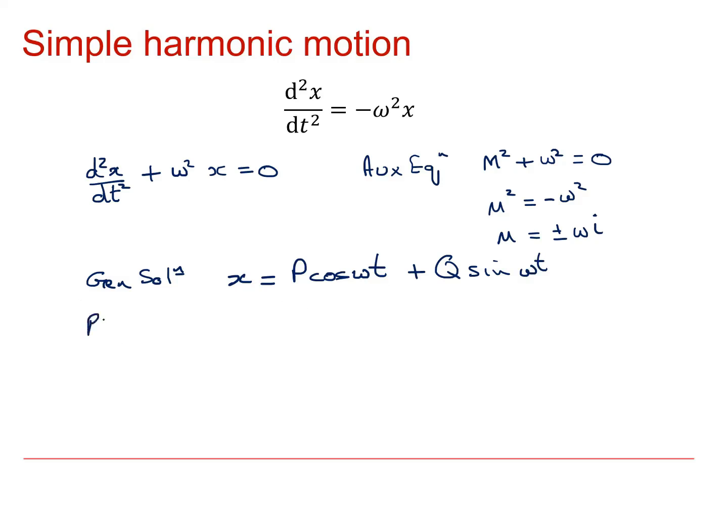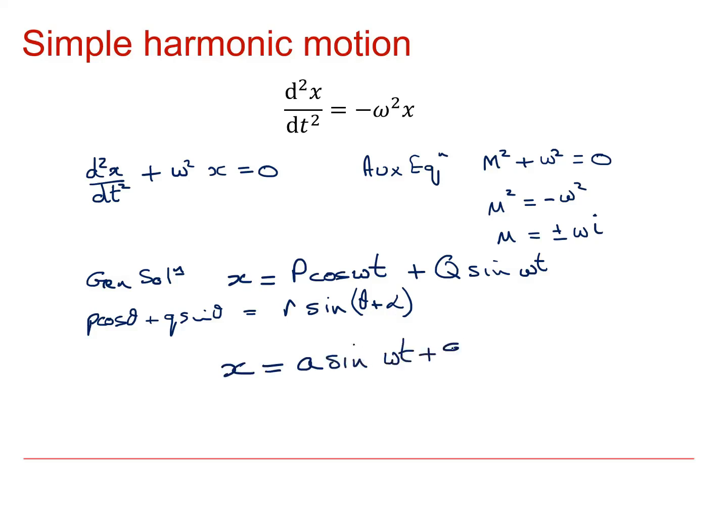Now we already know that if we have some cos thetas plus some sine thetas, we can transform that into a single sine curve of this form, r sine theta plus alpha. So if we use this in this solution, we can rewrite the general solution as x is equal to some multiple of sine omega t plus something, and I'm going to call that something epsilon. And so there's our general solution for simple harmonic motion.